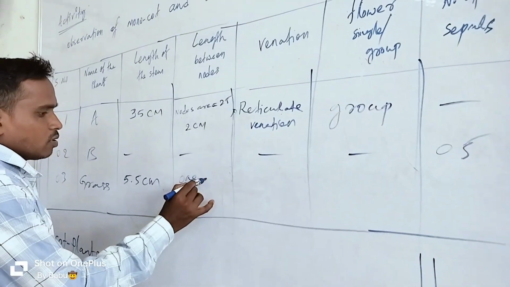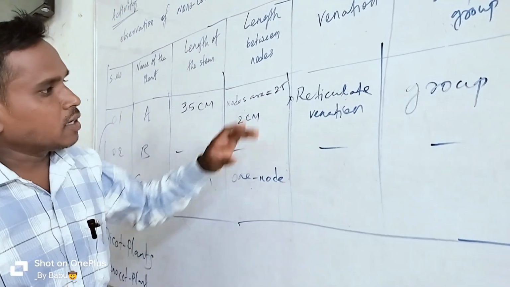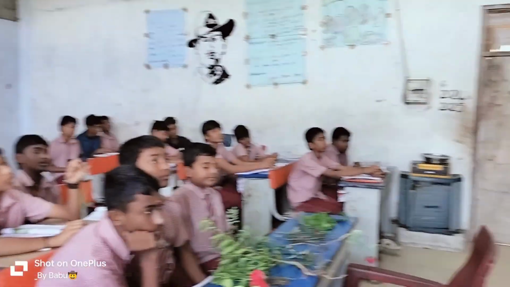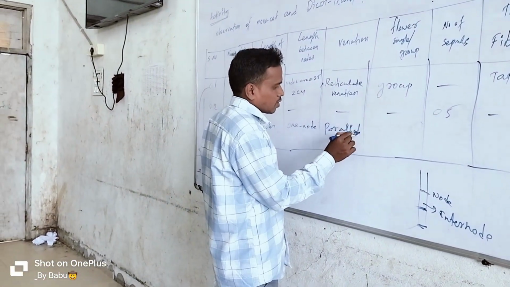One node. And venation. You can observe the venation. Parallel venation. We are seeing parallel venation.